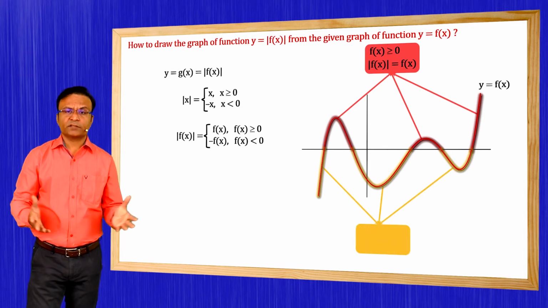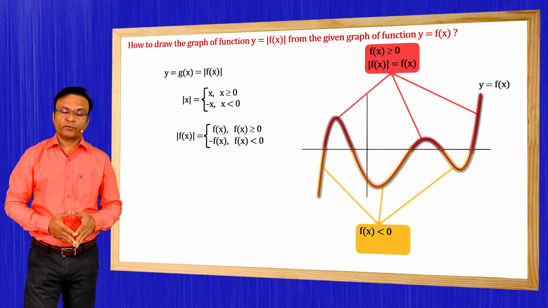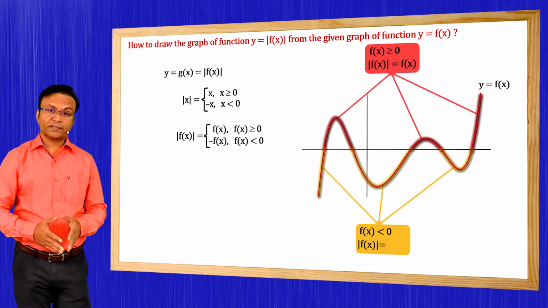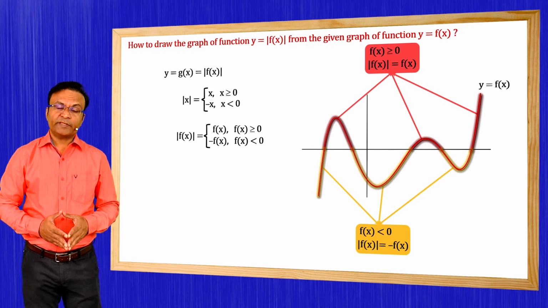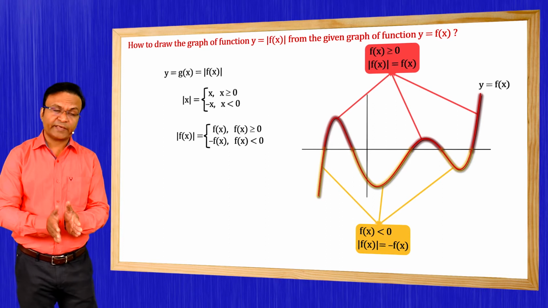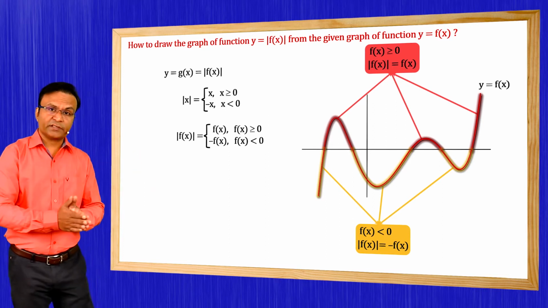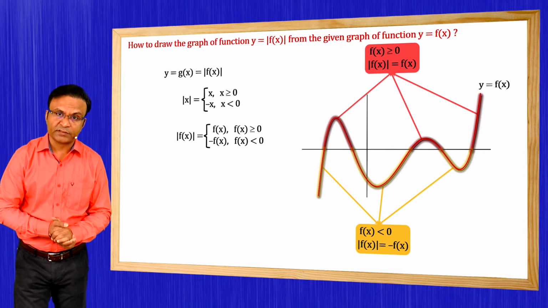Here fx is less than 0, for which modulus of fx is minus fx. That means to draw the graph of y is equal to mod fx, for these regions we consider function y is equal to minus fx.